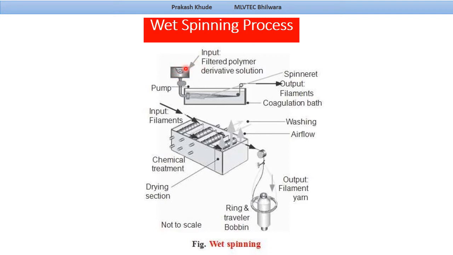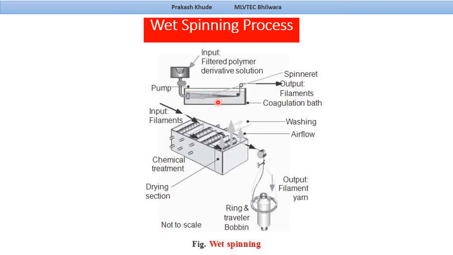Initially, the dope solution prepared with the solvent system is filtered out, and then it passes through a metering pump, and then we have the filter unit. That filter unit is kept inside this coagulation bath.